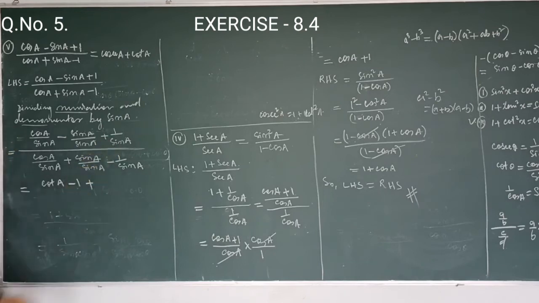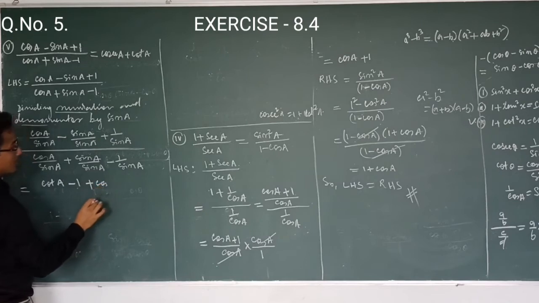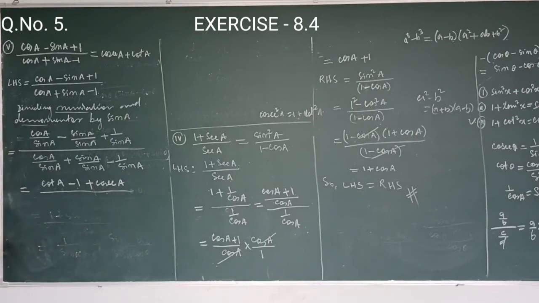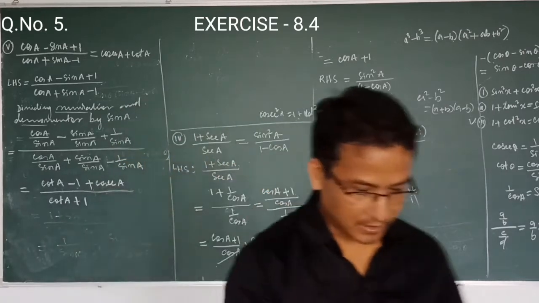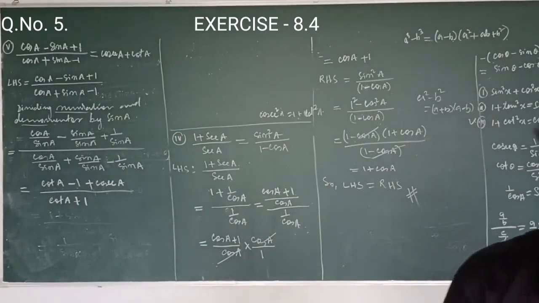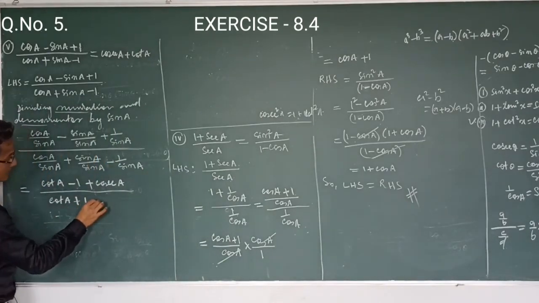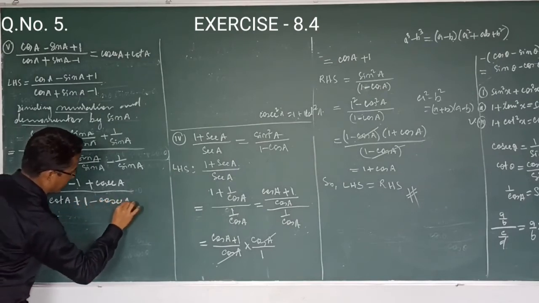Then what we get is 1 by sin, and 1 by sin means cosec A, divided by cot A plus 1 minus cosec A. Clear?